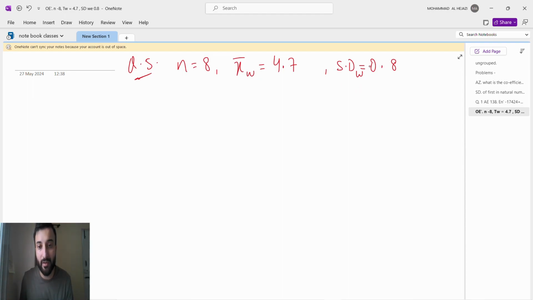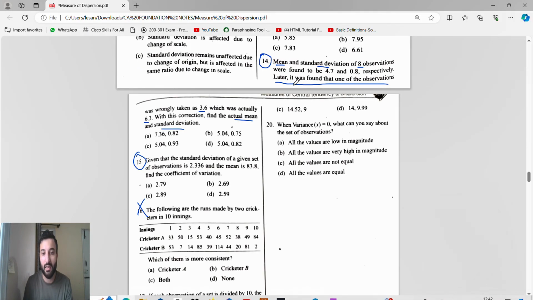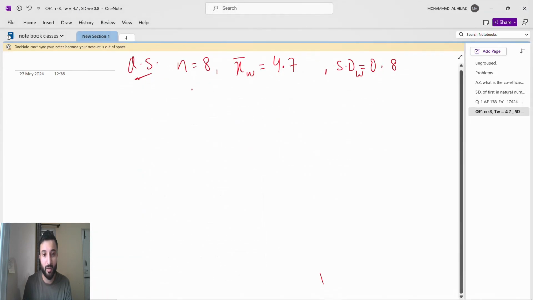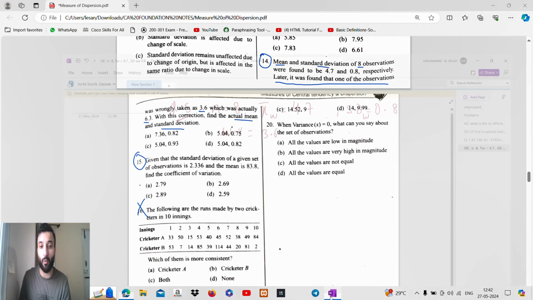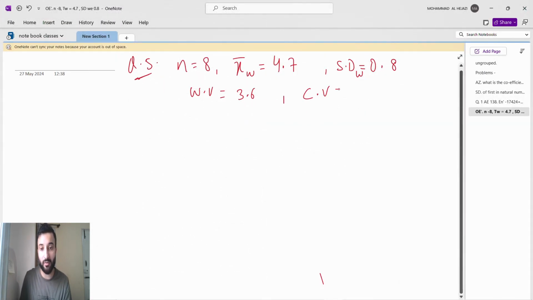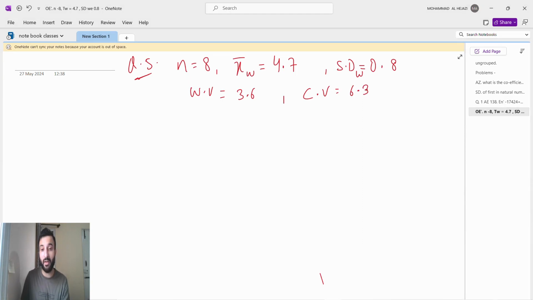This standard deviation is wrong and this mean is wrong. Why? Because later they said they had taken a wrong value. Later it was found that one of the observations was wrongly taken. So the wrong value is 3.6, which was actually 6.3. So the correct value is 6.3. Now they said find the actual mean and standard deviation, which means we have to find the correct mean and correct standard deviation.